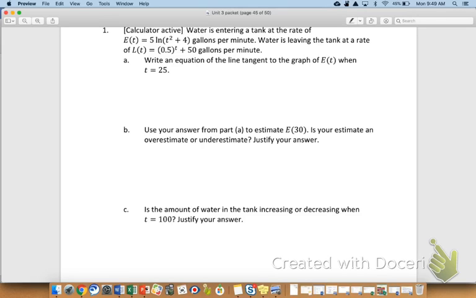Okay, so do we have any information about the rate of change of the amount of water? What do we know? What do we have? Two functions. And the two functions are describing what? Gallons per minute. And gallons per minute is a unit for a velocity? There's no velocity here. Nothing's moving around.